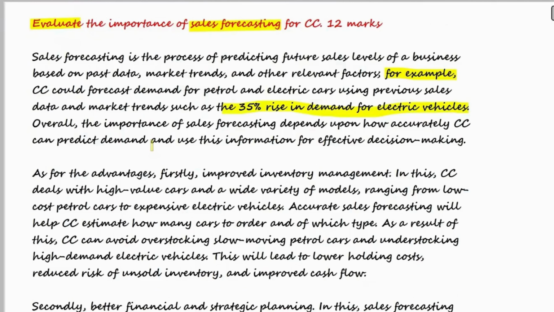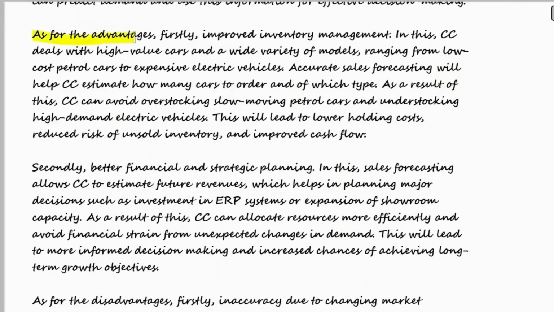decision making. So, as for the advantages, firstly, improved inventory management. So this is the first argument coming in. In this, now we are connecting it with the case study. CC deals with high-value cars and a variety of models ranging from low-cost petrol cars to expensive electric vehicles. Accurate sales forecasting will help CC estimate how many cars to order and of which type.